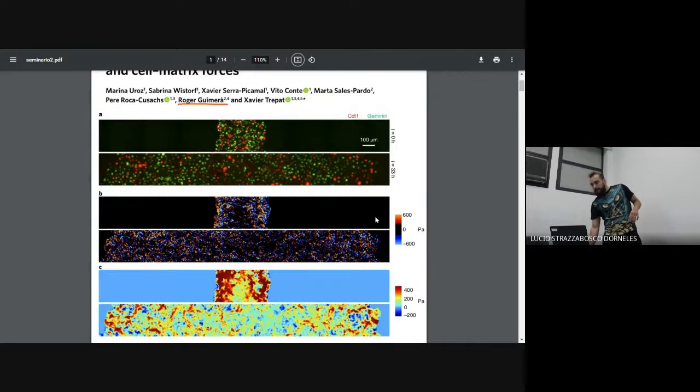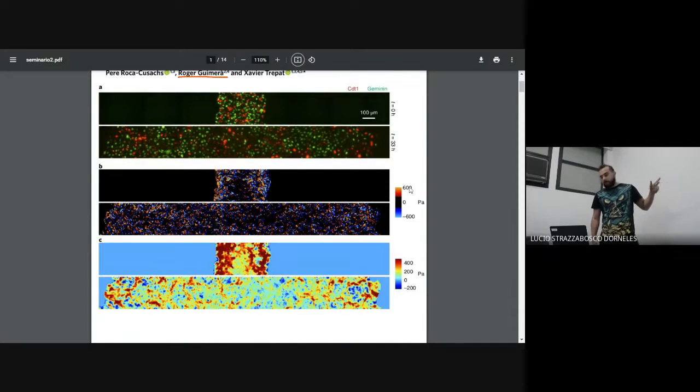Here we can see 3 layers. The first layer is just the cells with a fluorescent light. In the second layer, we have the same, but here these lights represent the traction, and here the tension.